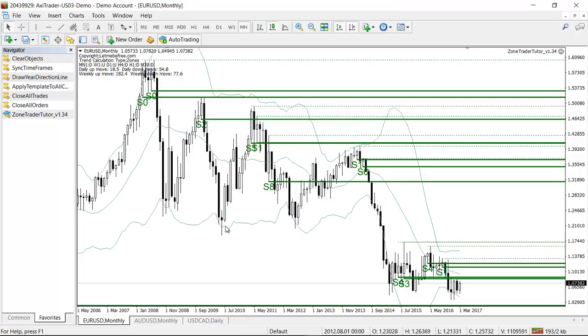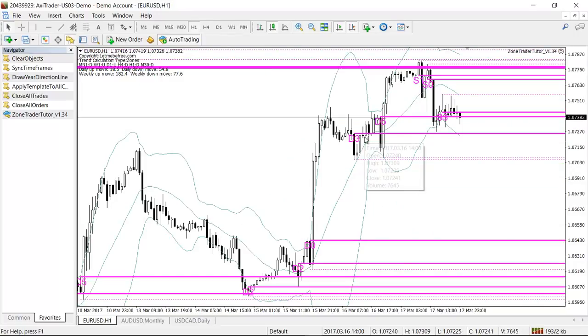Okay, and here we get Bollinger Bands. So one of the things we often may want to look at is only trading or only showing zones when that zone actually formed or touched outside of the Bollinger Band at the time. I'm just wondering whether this is going to give you a good example.